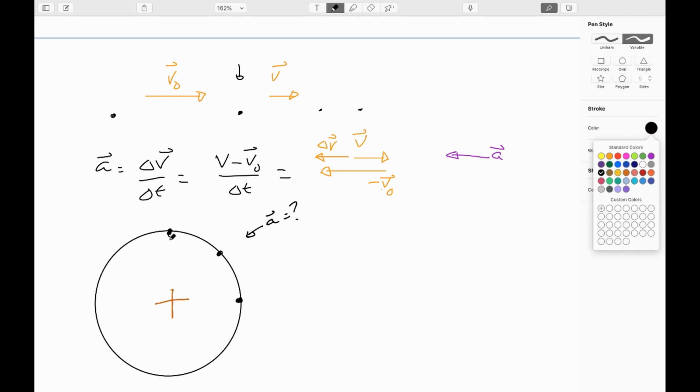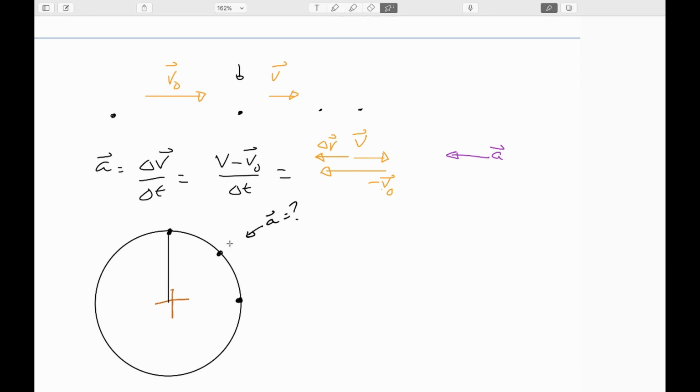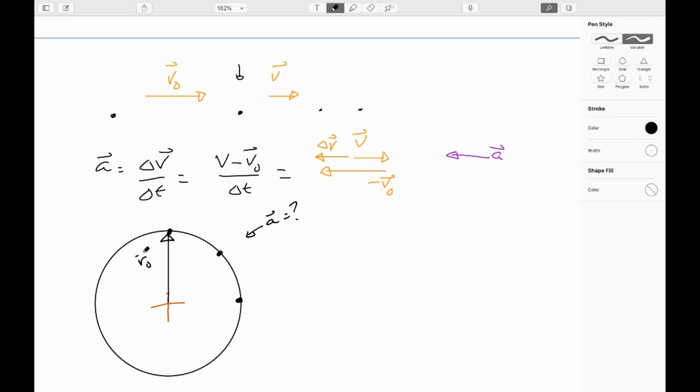So then this vector here, okay, apparently I didn't put my origin in the center of the circle. Now it is. So this vector here, we'll say is my r naught. And then this vector here would be my r1. And this vector here would be my r2. All right.